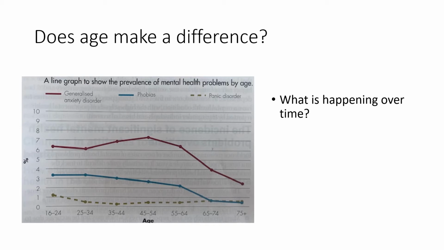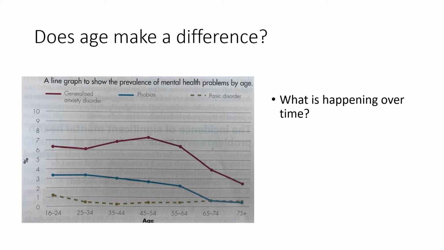So they might be things where people have anxiety about social situations. We've then got the blue line which says about phobias, which is an irrational fear of something. And we've then got this green coloured line which shows us the prevalence of panic disorder, so it's obviously quite specific. Now we've got the ages across the bottom.